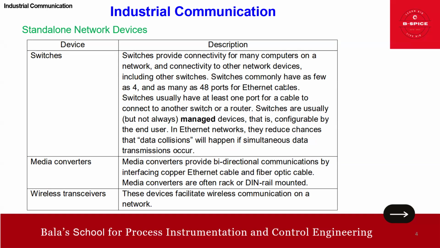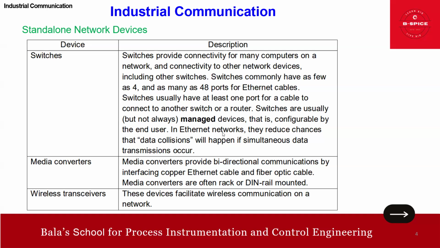Switches commonly have as few as four, as many as 48 ports. Usually switches have at least one port for a cable to connect to another switch or a router. Switches are usually managed devices, meaning configured by the end user. Okay, managed devices.